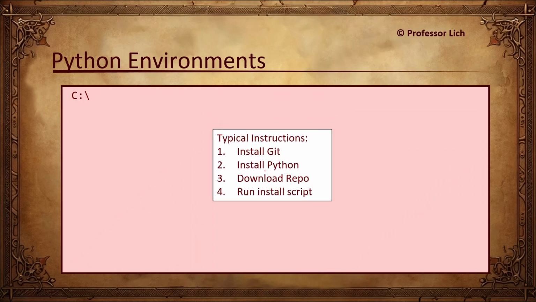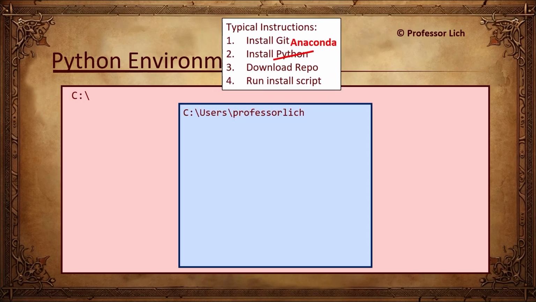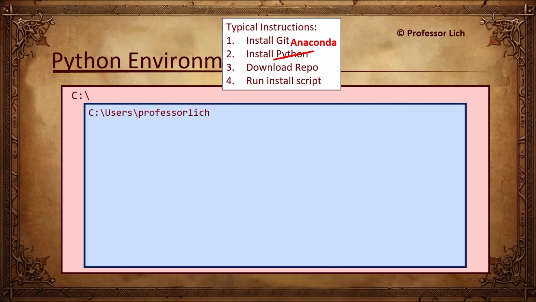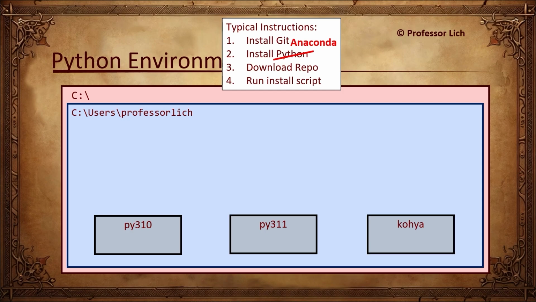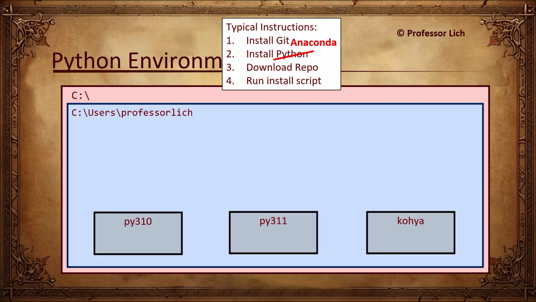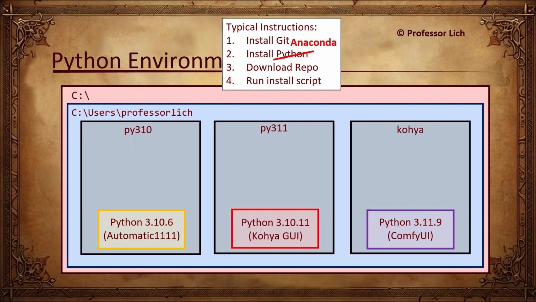Instead of installing Python, I will install something called Anaconda. Among many things it does, Anaconda comes with the CLI tool Conda, which can be used for managing Python versions and packages. I will create 3 Conda environments: Py 3.10, Py 3.11, and Kohya. Once I've done that, I can install the version of Python I need in each one.